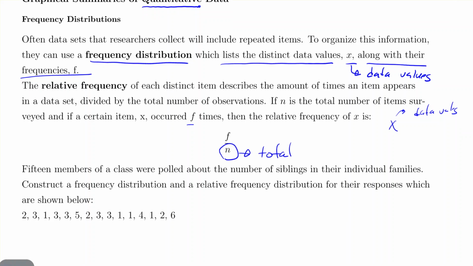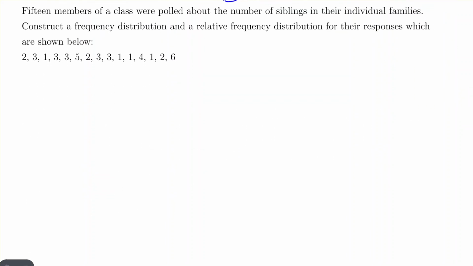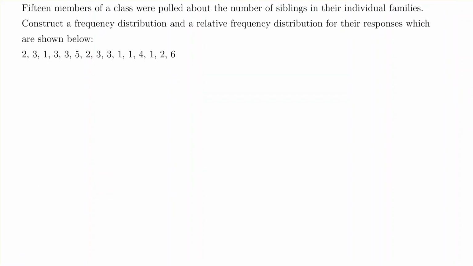So let's look at an example. 15 members of a class were polled about the number of siblings in their individual families. Construct a frequency distribution and a relative frequency distribution for their responses, which are shown below. First, we need to organize this using a frequency distribution, which is the table.